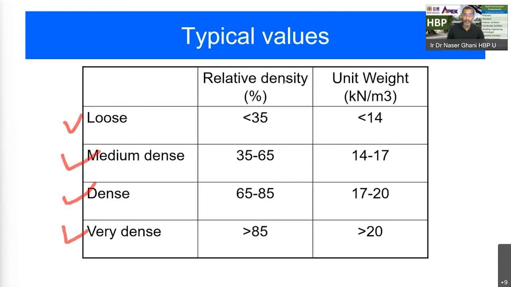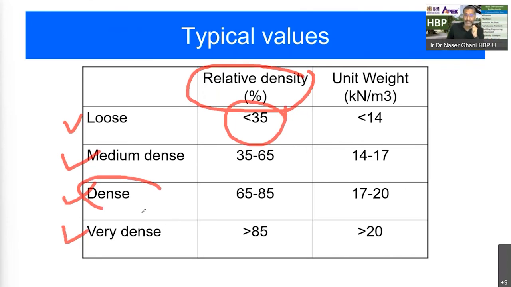It depends on this relative density that we have calculated using the formula that I showed you just now. So if the relative density is less than 35, the sand on that site can be considered loose. When it is loose, it has very weak bearing capacity. That is the conclusion that we can make.